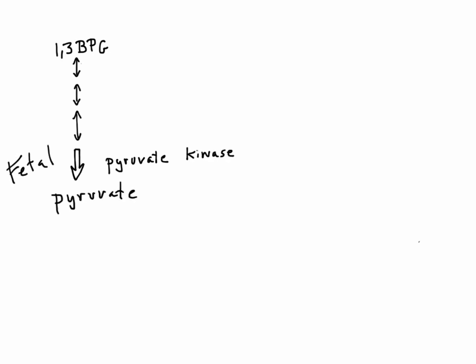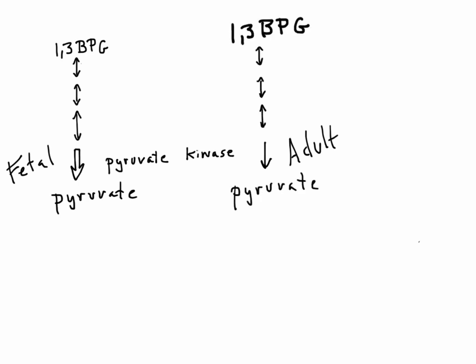Pyruvate kinase is the third irreversible step in glycolysis. There's an isoform of pyruvate kinase in fetal tissue that has a much higher activity than in adult tissue. In adult, the slower enzyme results in some accumulation of 1,3-bisphosphoglycerate, and some of this is converted to 2,3-BPG as shown on page 6.